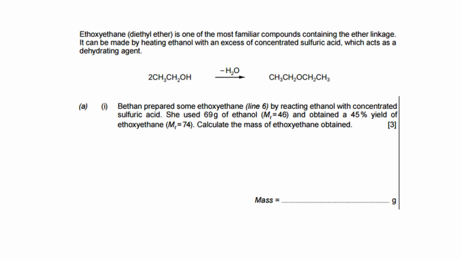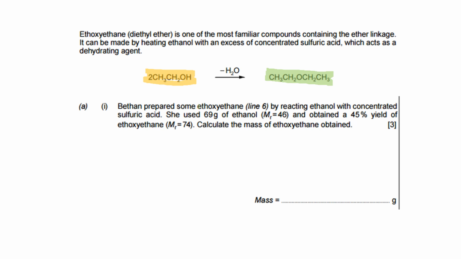The next question is about a percentage yield. It's a percentage yield calculation. So what you've got is ethanol, which I'll shade in orange, and it's being converted into this ether molecule, which I've shaded in green, called epoxyethane.